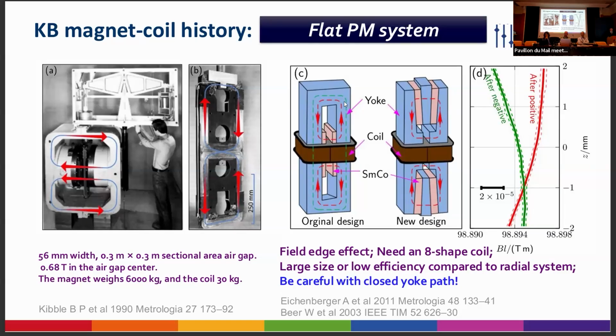You see, even a small unbalance in the current could go through the yoke, right? In the second improved design, they just cut the closed yoke loop. This case is much better. But in general, with this magnet, you need to take care of these effects.